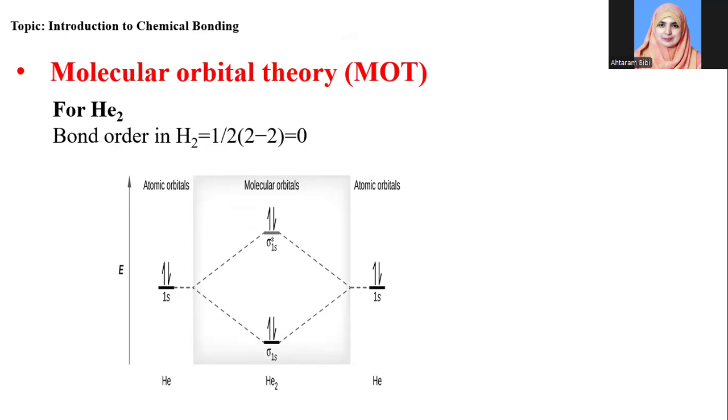So 2 minus 2 is equal to 0, and half of 0 is equal to 0. So it means that helium is a noble gas and does not form any bond. So from molecular orbital theory, we can calculate the bond order of various molecules.